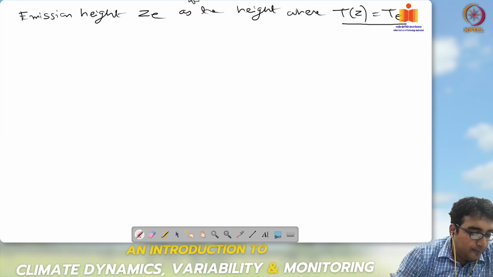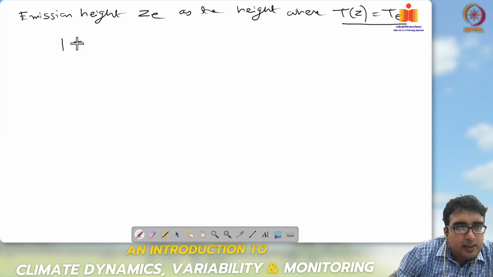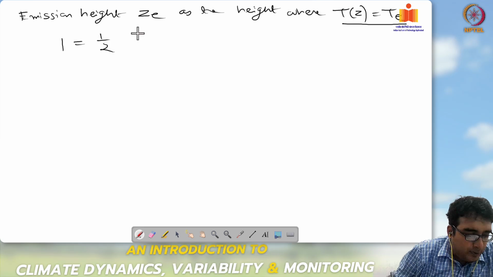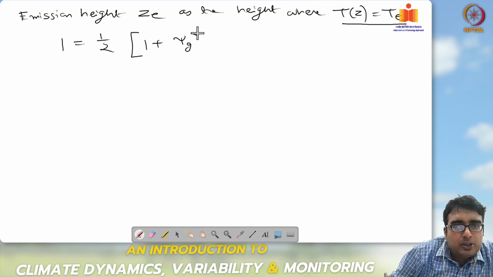So we get 1 equals half times 1 plus tau g star e to the power minus ze by hi.